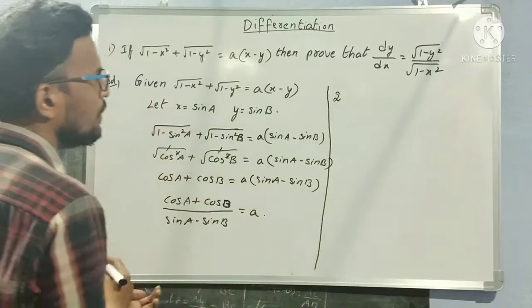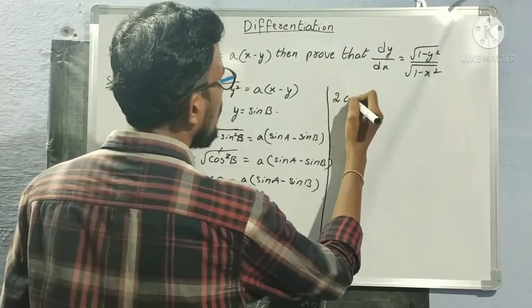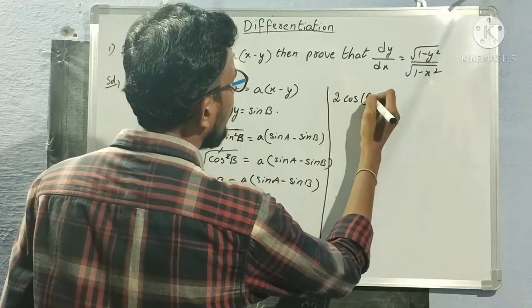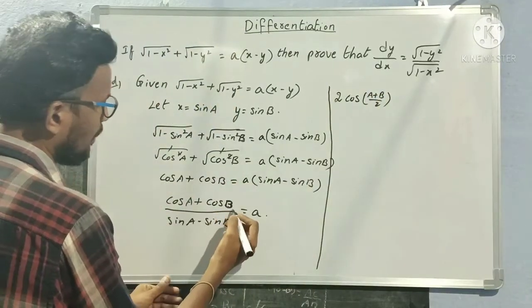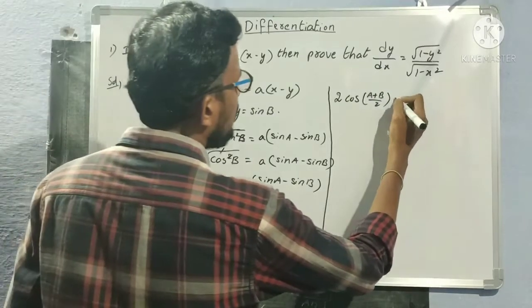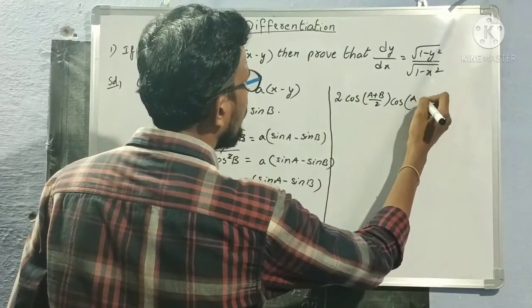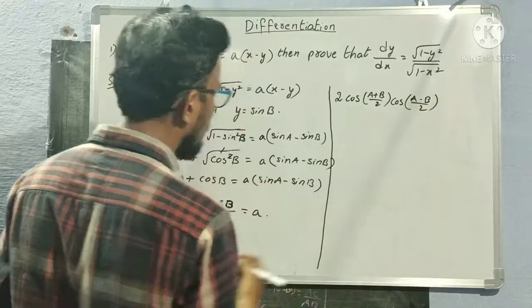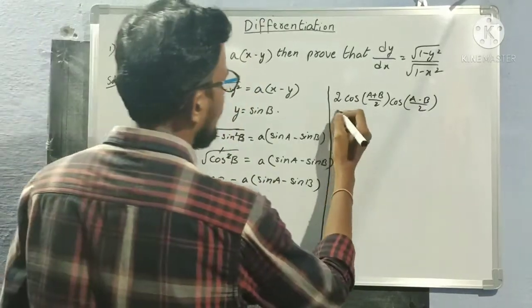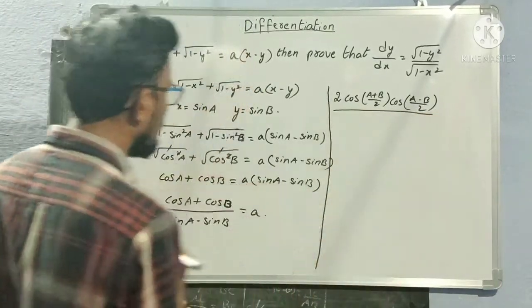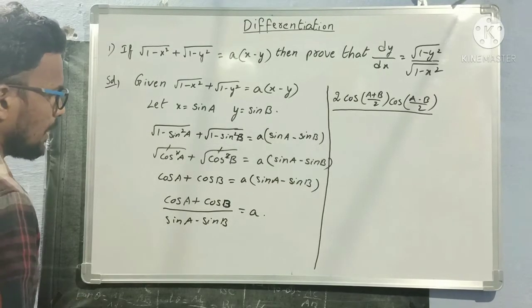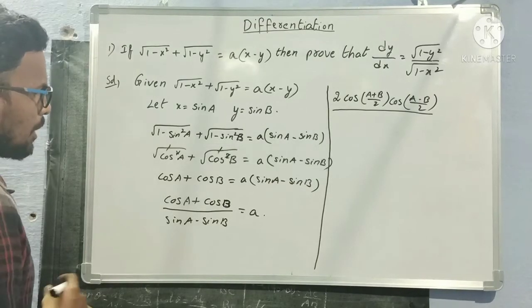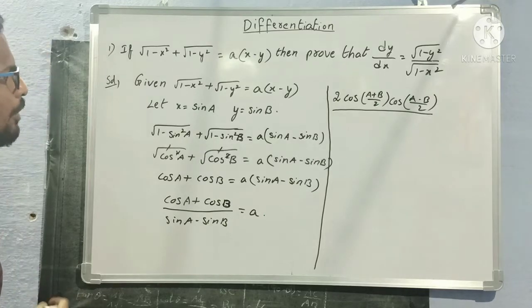So it is 2 cos of A plus B by 2 cos of A minus B by 2, divided by the sin expression. Sin C plus sin D is 2 sin of A plus B by 2 cos of A minus B by 2.